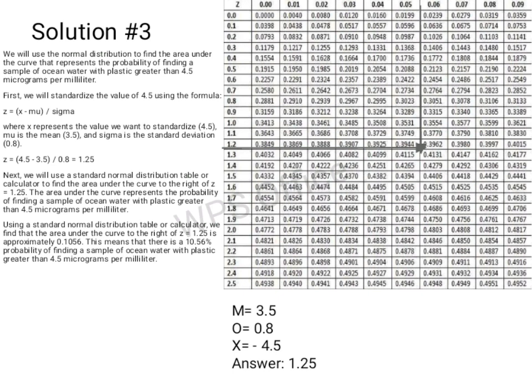Using a standard normal distribution table or calculator, we find that the area under the curve to the right of z equals 1.25 is approximately 0.1056. This means that there is a 10.56% probability of finding a sample of ocean water with plastic greater than 4.5 micrograms per milliliter. The standard normal distribution bell curve.